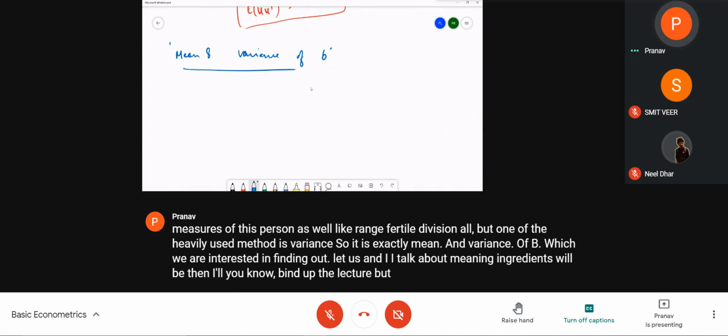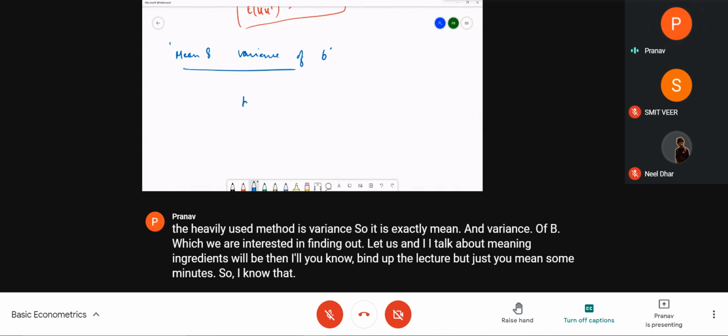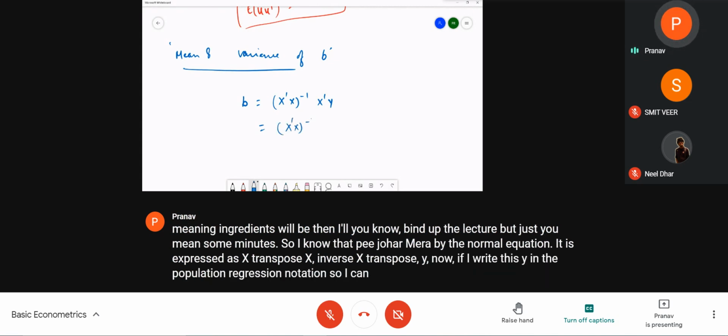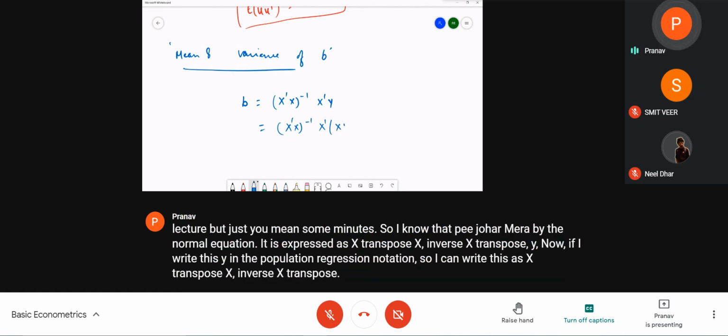Just give me some minutes. So I know that B, by the normal equation, is expressed as X transpose X inverse X transpose Y. Now, if I write this Y in the population regression notation, I can write this as X transpose X inverse X transpose, and instead of Y I can write X beta plus mu.